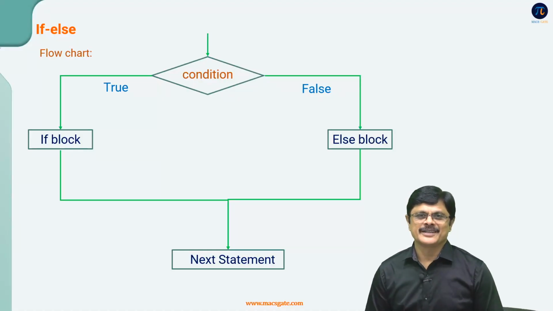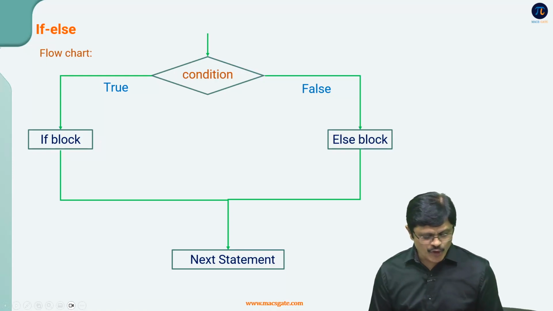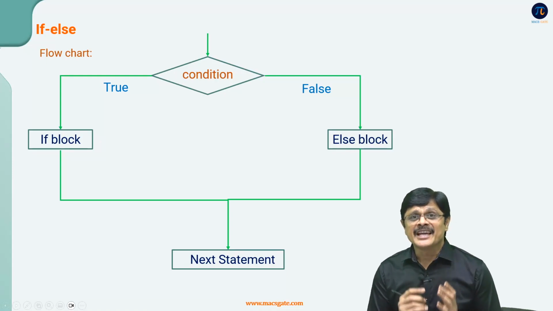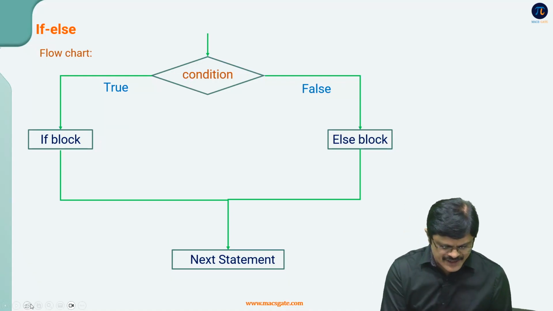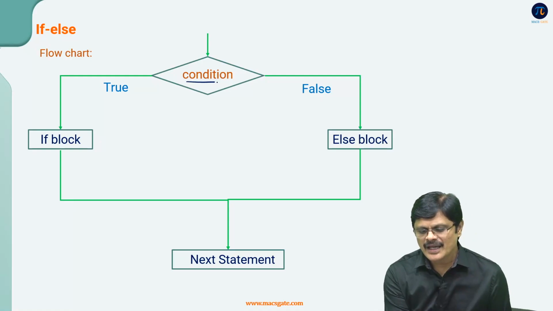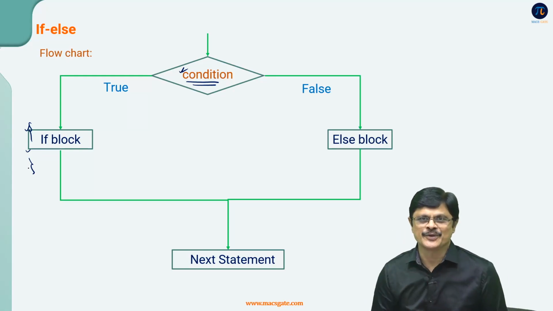If else statement. So, for if else statement, we have two blocks. One is the if block, the other one is the else block. This simple flow chart explains this if else statement. So, first we verify the condition. If the condition is true, whatever if block we write, that portion is executed.